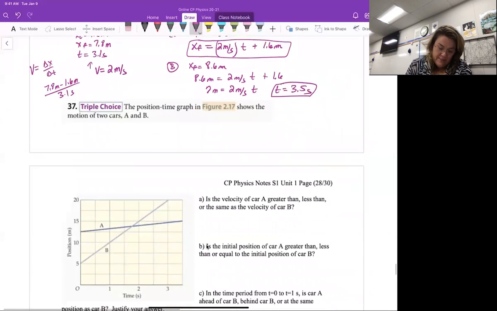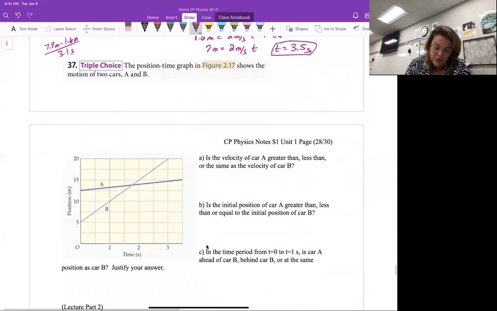Okay, number 37, the position versus time graph shows the motion of two cars, A and B. Is the velocity of car A greater than, less than, or the same as the velocity of car B? Well, this is a position versus time curve. So the slope is equal to the velocity. And how do I know that?